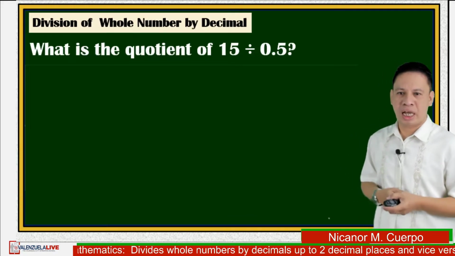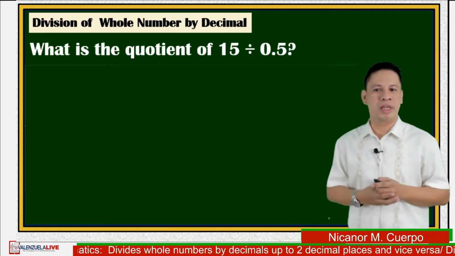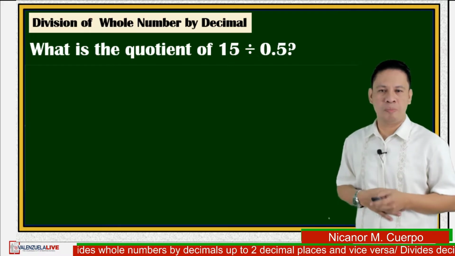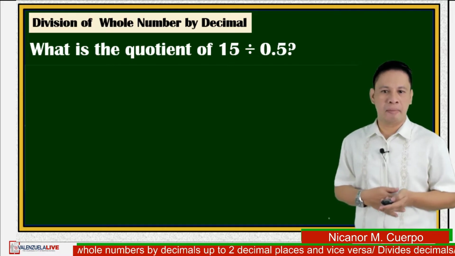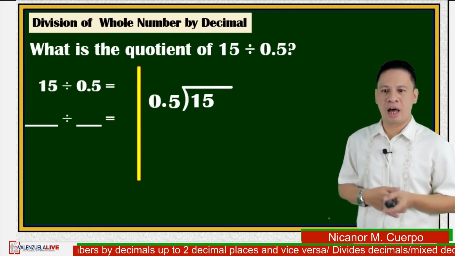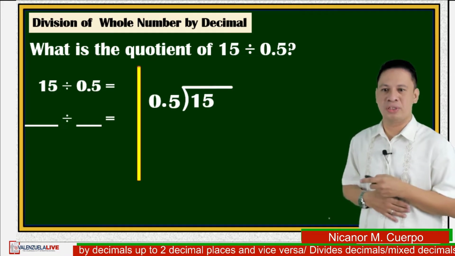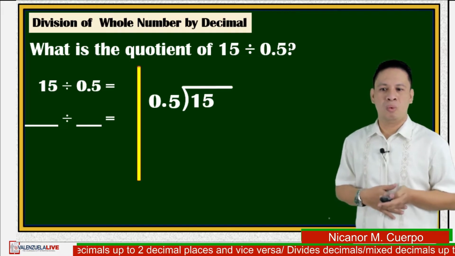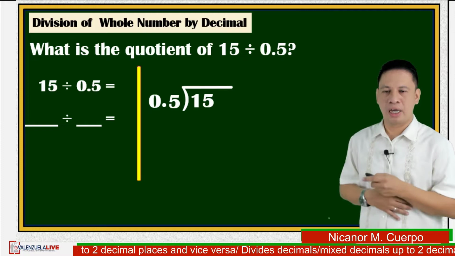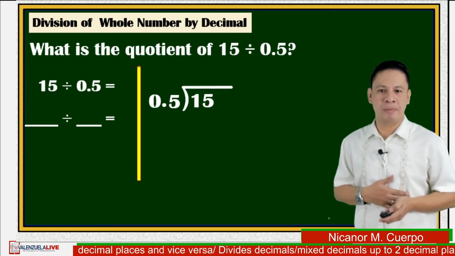I will now discuss to you how to divide a whole number by a decimal. What is the quotient of 15 divided by 5 tenths? Let us have the two representations of the problem. What did you notice about the divisor? Correct. It is a decimal number.